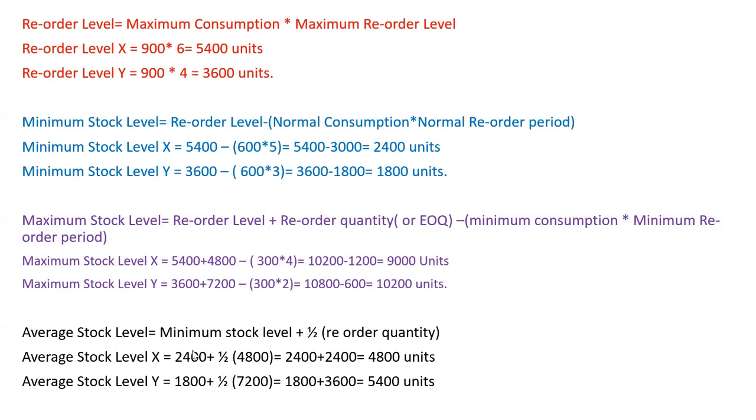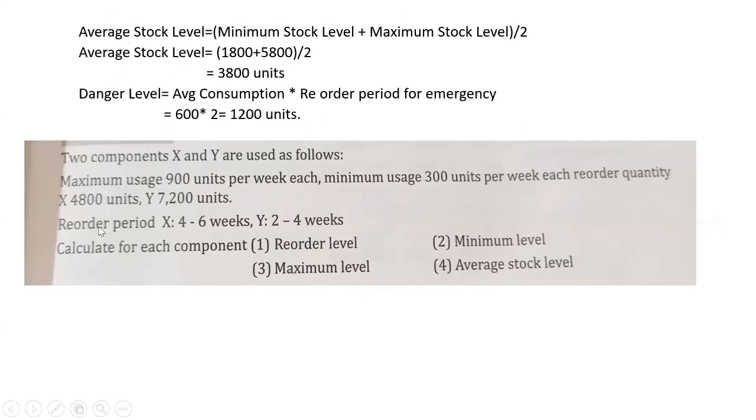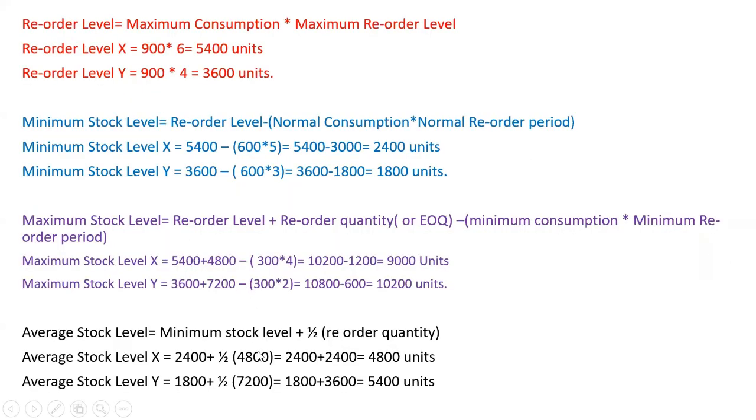Reorder quantity, they have mentioned, is 4,800 and 7,200. Just put the values, calculate, and you will get the average stock level considering this formula. Okay. So I hope it is now clear. Considering the first problem, you will understand it better, I believe.